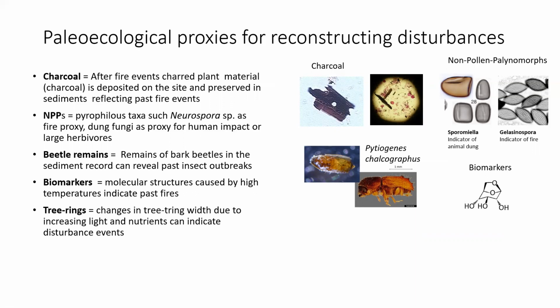We can also use tree rings. We can make overall disturbance reconstructions just based on the measurements of the width of the tree ring. When there's a disturbance and, for example, an opening in the forest, there's more nutrition and light for the trees, and then they might grow faster and have wider tree rings for that year or the years after the disturbance.